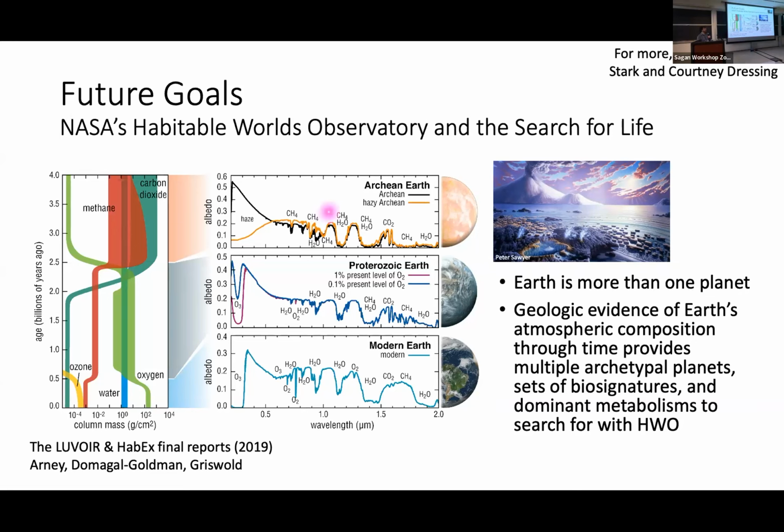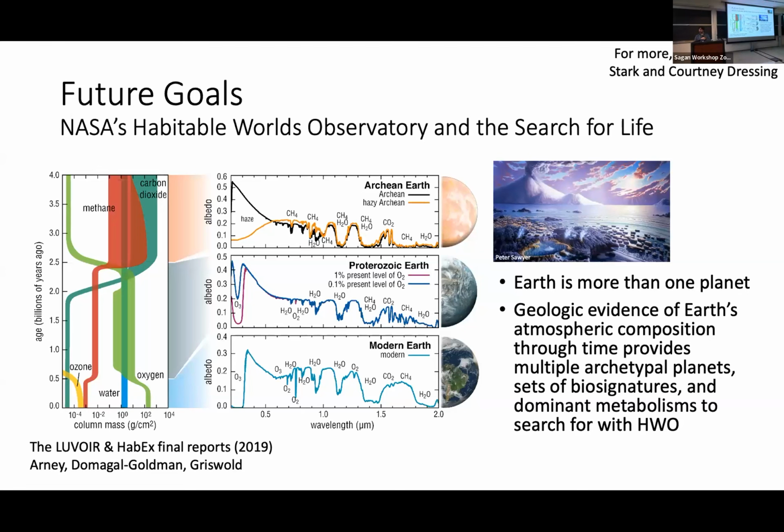So by using this Earth through time approach, we have multiple archetypes for life on our planet that we can use as a testable hypothesis to go out there and search for. So we have more than just an n=1, we have an n=a few to recognize life on other planets. And we are excited to use the Habitable Worlds Observatory in the future to do this.